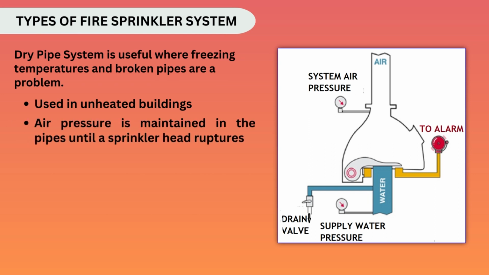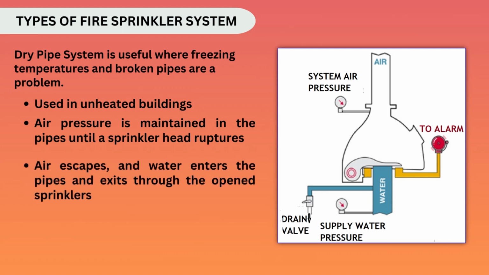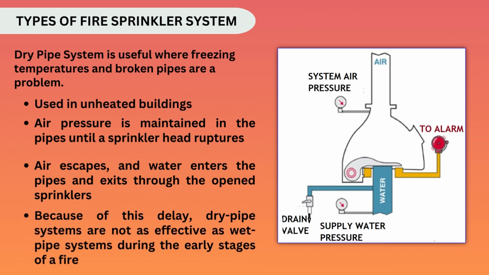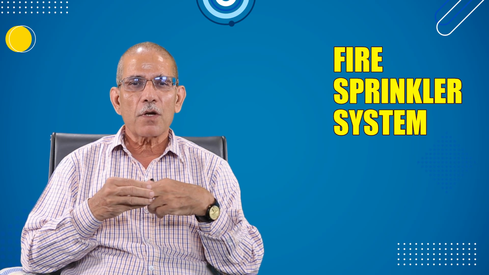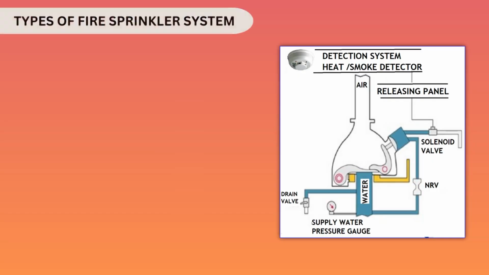Air pressure is maintained in the pipes until a sprinkler head ruptures. Air escapes and water enters the pipes and exits through the opened sprinklers. Because of the delay, dry pipe systems are not as effective as wet pipe systems during the early stages of a fire. An exhauster or accelerator is given to speed up. Deluge system is another type of sprinkler system.